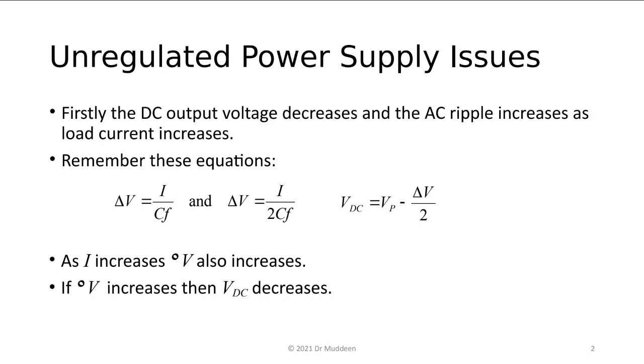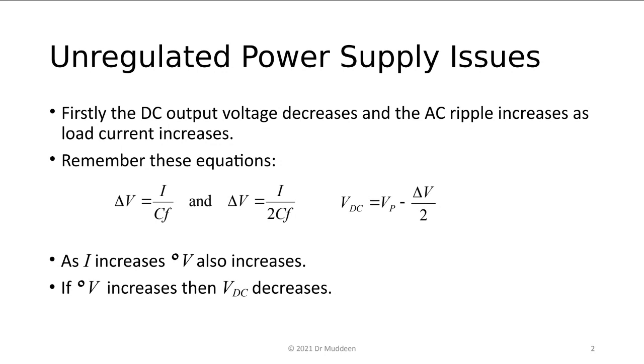Right. So where we started, when we finished yesterday, we were speaking about the unregulated power supplies. And what we saw is that because it's a very basic design, some diodes, 1, 2, or 4 diodes, and a capacitor, and that is what is supplying a fluctuating DC voltage to a load, whatever that load happens to be.